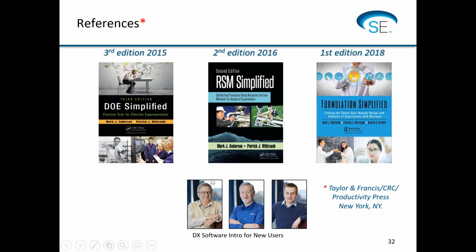So there are books that are available written by folks from Staties. DOE Simplified covers a lot of the factorial type work. RSM obviously handles RSMs. And then the newest one is the Formulation Simplified to get into the mixture designs a bit more completely.